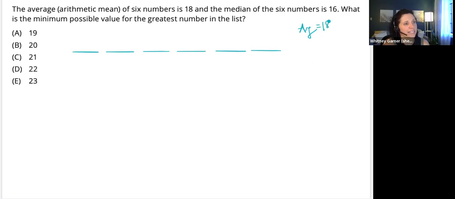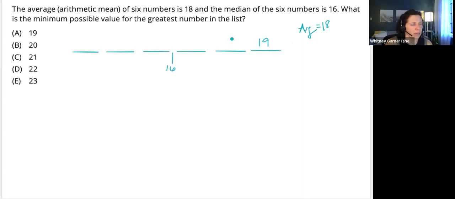But we can also think about the average as the weighted middle. And so if my average is 18, could I make this number 19? So if I made this number 19, and I need my average to be 18, but I need my median in here to be 16.